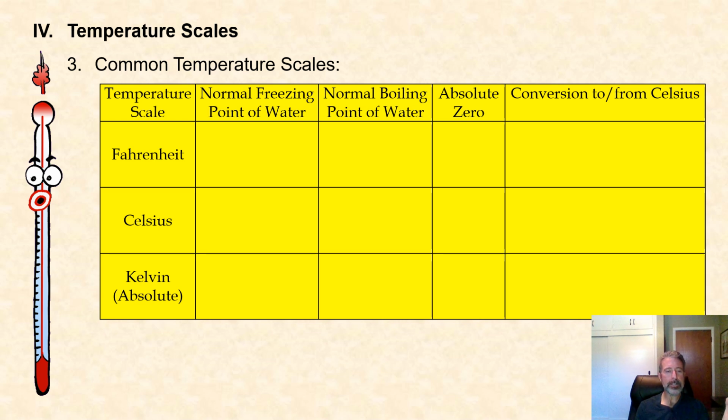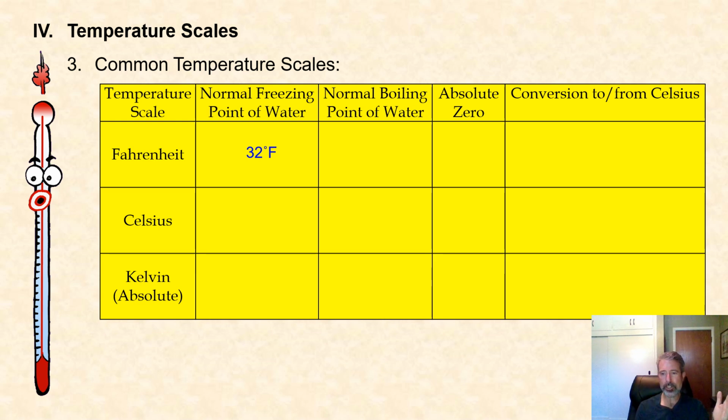So look, the Fahrenheit scale, as we know, is a bad British unit, and it makes little sense. The reason that we have the SI unit system is because all of the units are related to each other by powers of 10. But on the Fahrenheit scale, you see that the normal freezing point of water is 32 degrees Fahrenheit, whereas the normal boiling point is 212.